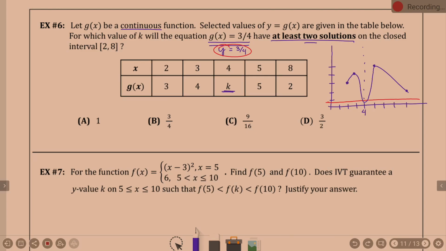So basically, k has to be less than 3/4, because we need a value right here that's going to take me below the red line. What value takes me below the red line? 9/16. Right? Because 12/16 would be the equivalent of 3/4.